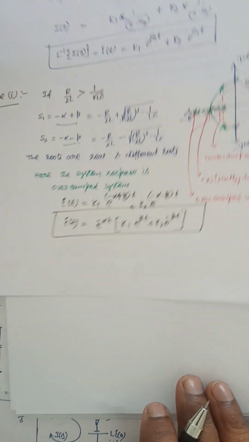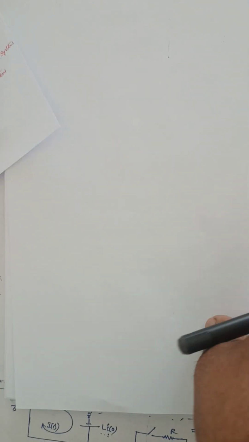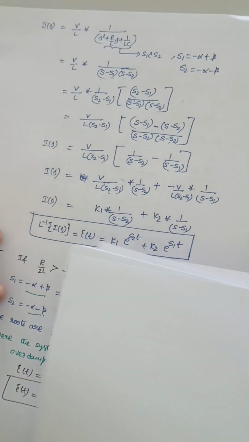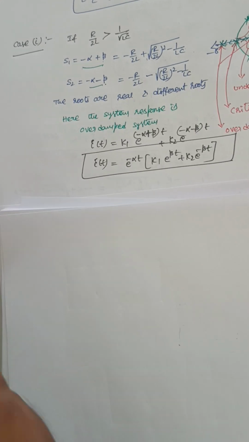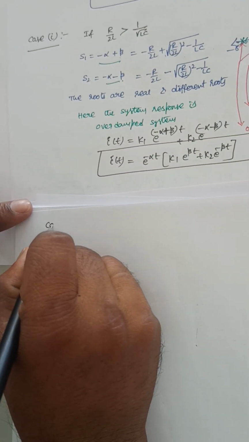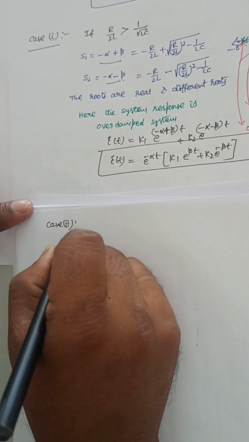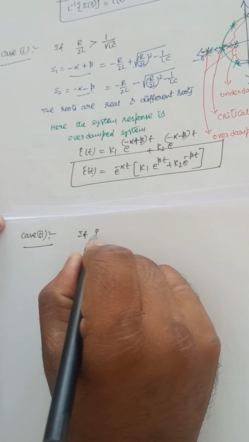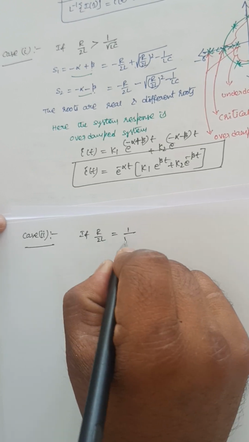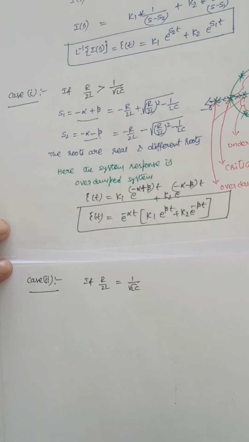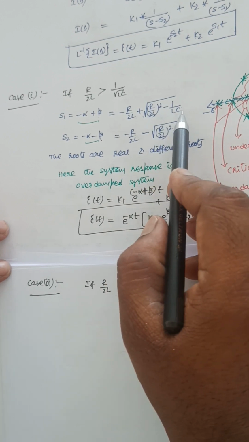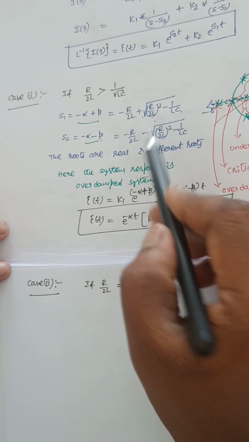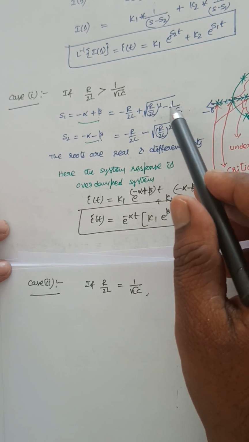Now case number 2. If r by 2l is equal to 1 by root LC, then r by 2l whole square is equal to 1 by LC, so this term will become 0.